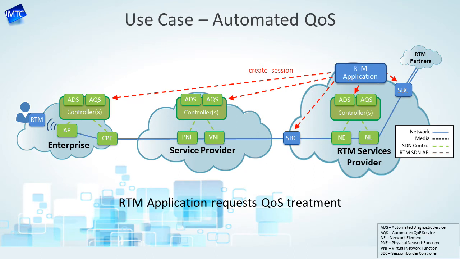So when the user on the left initiates a call, in this case to somebody on a SIP trunk on the very right in the RTM partner's network, as that signaling is set up, the RTM application is aware of what is happening. So even when calls are encrypted, it has that information. It'll send an appropriate create session call to the appropriate controllers, and then those controllers can apply the correct QoS policies.